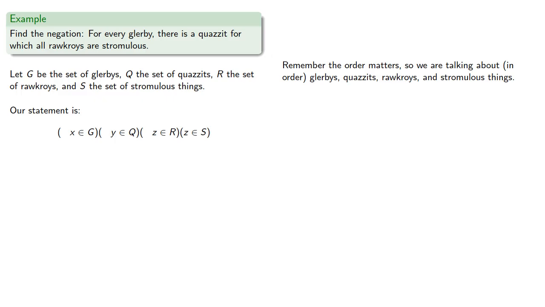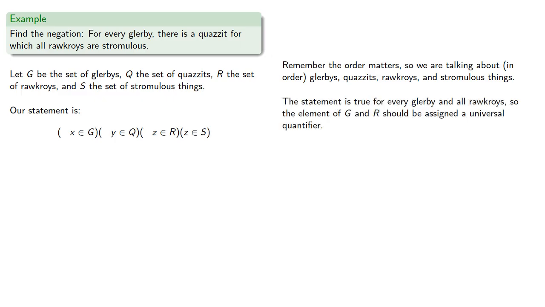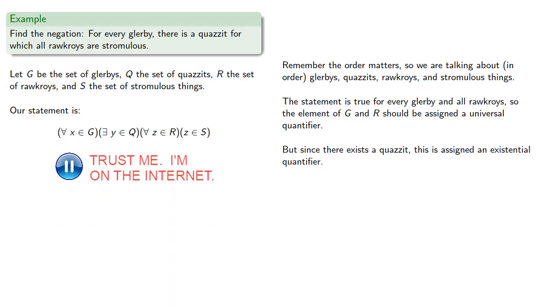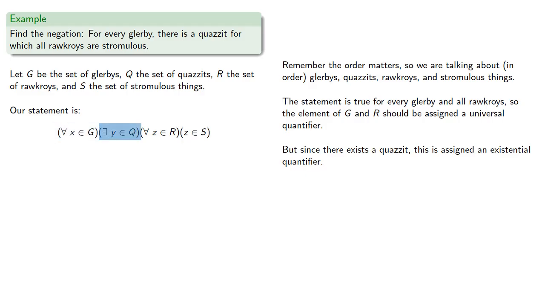The statement is true for every glurby and all Rockroys, so the elements of G and R should be assigned a universal quantifier. But since there exists a quasit, this is assigned an existential quantifier. And so, for all glurbies, there's some quasit, which, for all Rockroys, is stromulus.